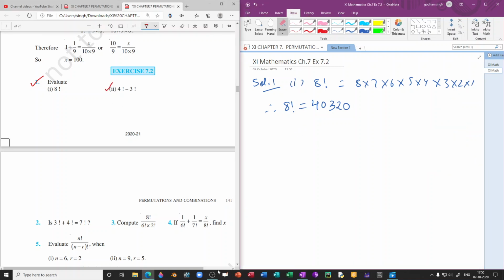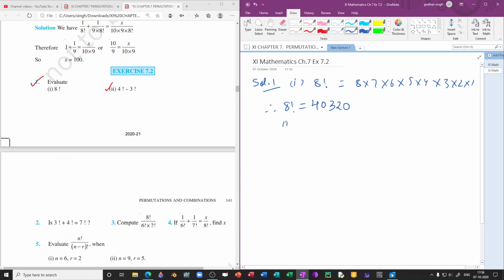Now let us do the second part, 4 factorial minus 3 factorial. So question number 1, second part, 4 factorial minus 3 factorial, that is equal to 4 into 3 into 2 into 1 minus 3 into 2 into 1. Do not write 4 factorial minus 3 factorial as 1 factorial.